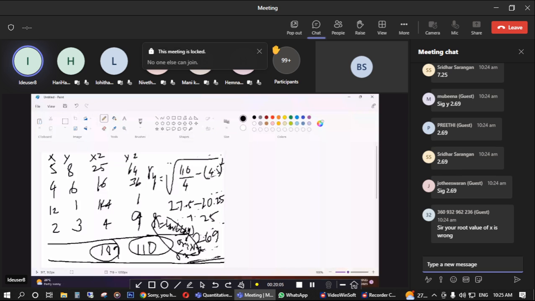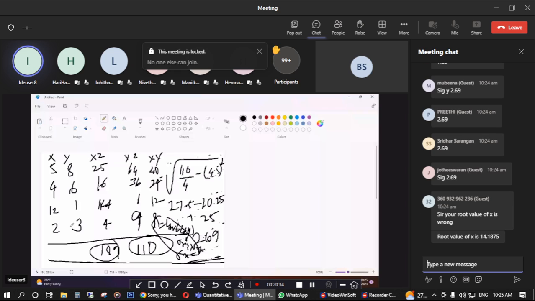So covariance of xy. So you need to calculate the value of xy. Quickly we can calculate here. So the first xy value: 5 8s are 40. The second value: 4 6s are 24. The third value: 12 into 1 is 12. And the last value: 3 into 2 is 6.